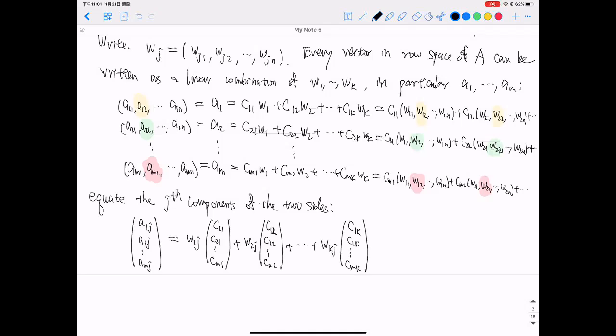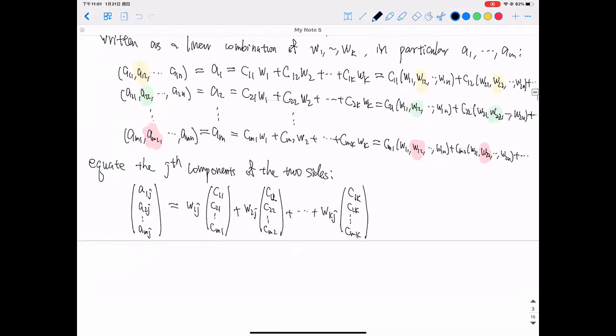All right. That's what you get by comparing the J's component of the two sides and forming an equality.